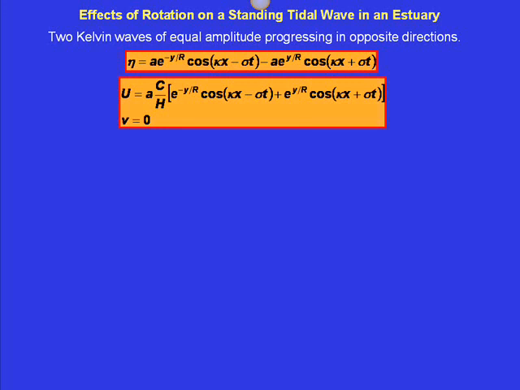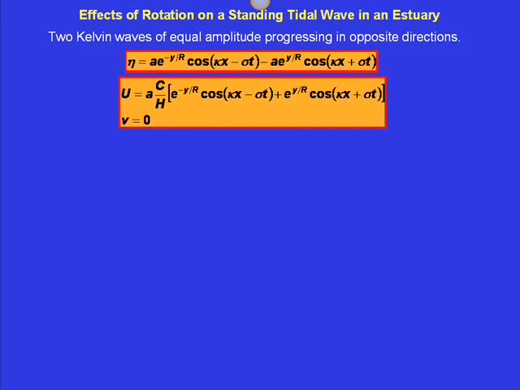So coming back to the standing tidal wave affected by rotation, there's no flow in the transverse direction. P equals 0. So that's the solution.